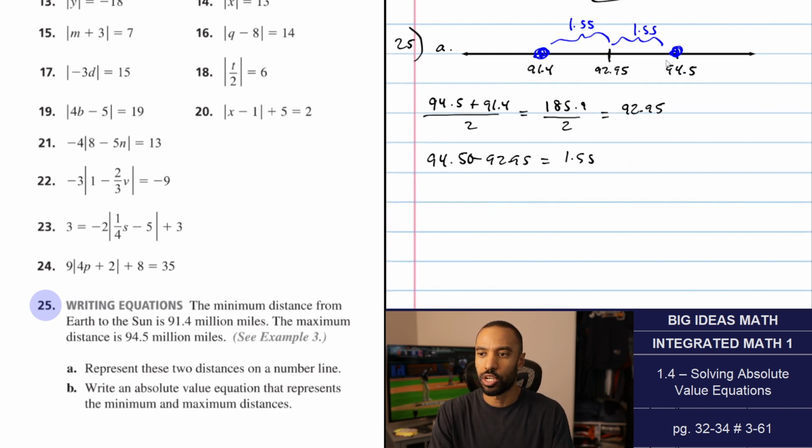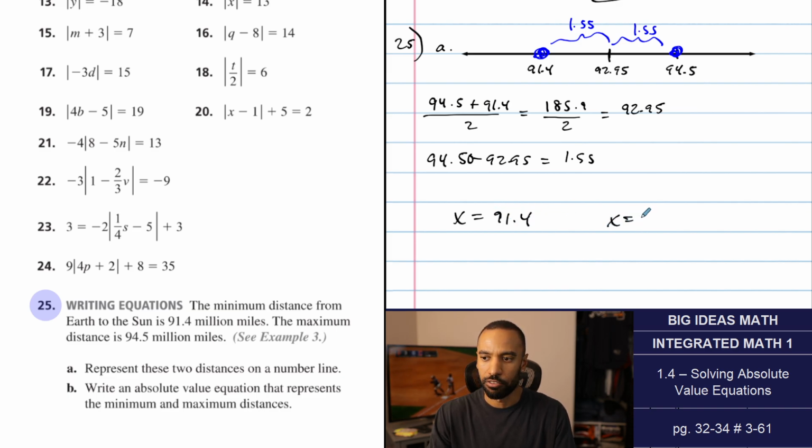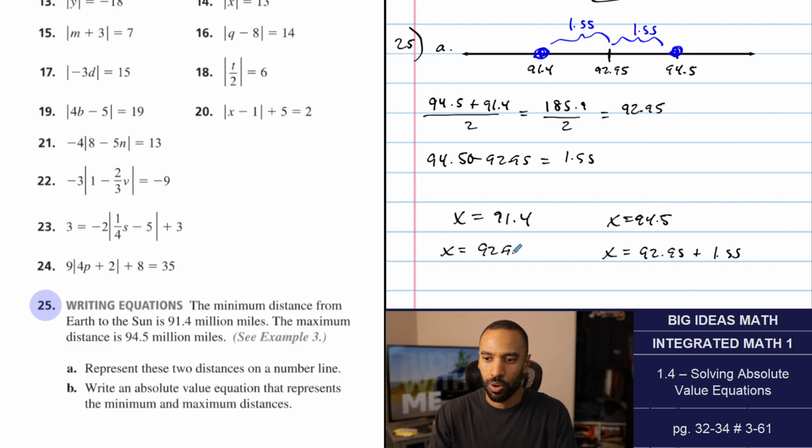So when it comes to an equation, it's the middle value that we add or subtract from there. Now, when we see it in that way, if I was talking about x equals 91.4, x equals 94.5, see where these numbers came from. They came from 92.95 plus 1.55 and 92.95 minus 1.55.